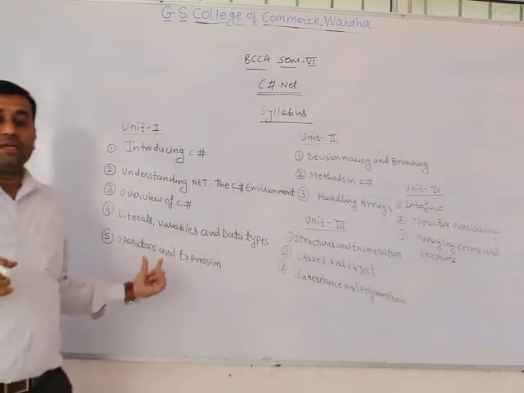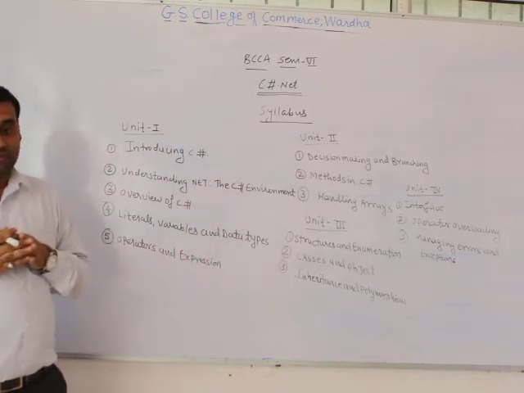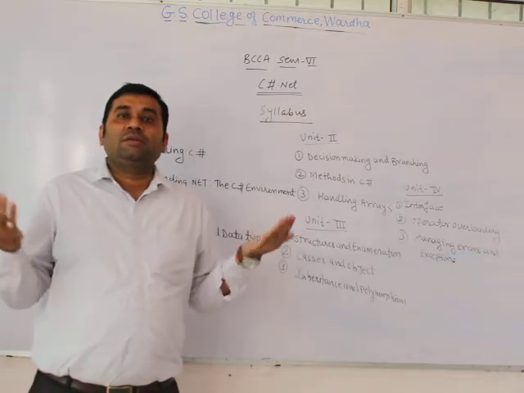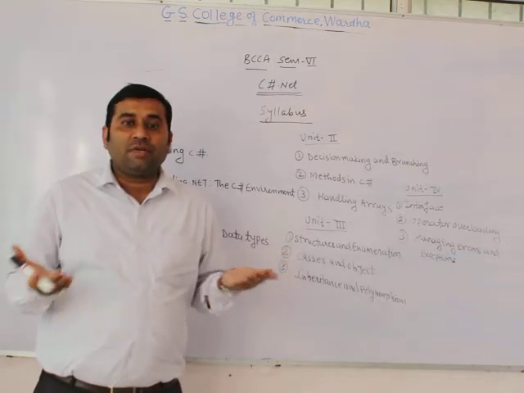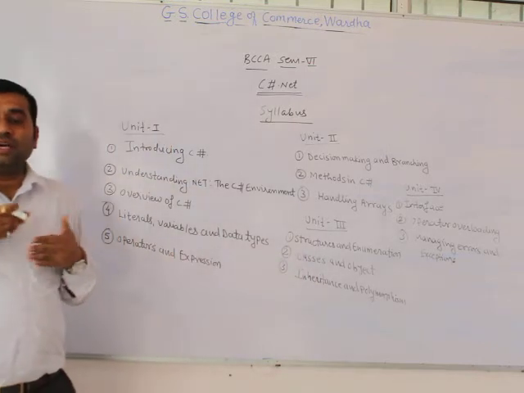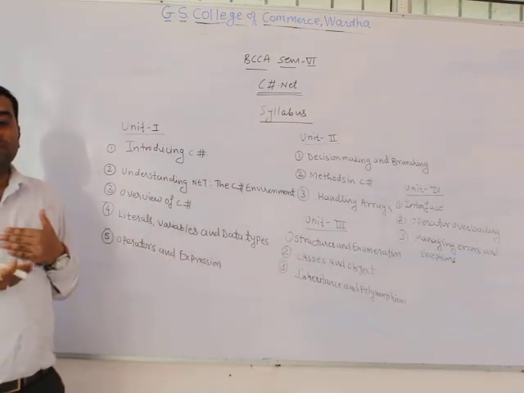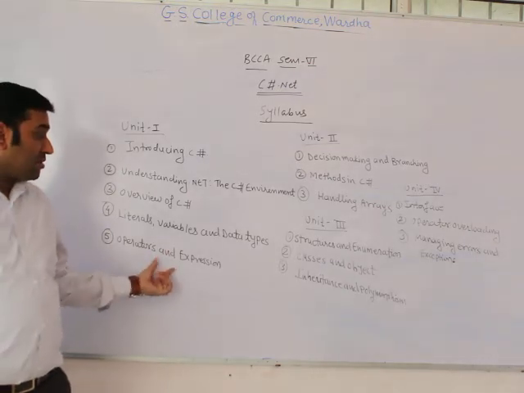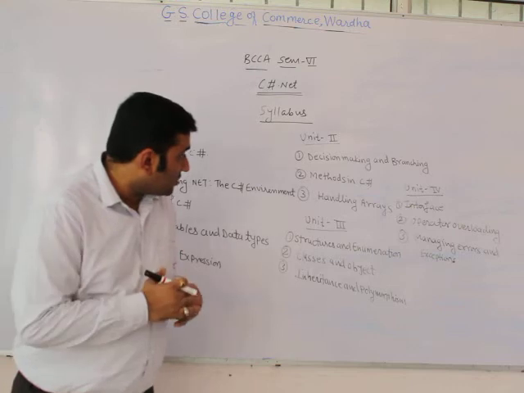Next, operators and expressions. You learn the various types of operators, arithmetic operators, bitwise logical operators, their precedence, their associativity, and type conversions, the various types of type conversion, the boxing method and unboxing method.